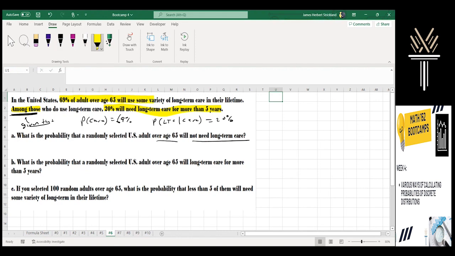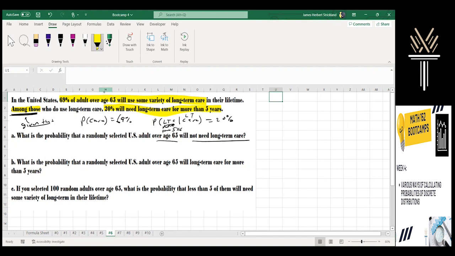And 69% need long-term care. So I should probably be more careful with my 20% in long-term care usage here. I mean long-term care for more than 5 years. So they need more than 5 years, given that they need long-term care in general. Just to be a little more precise. Statistics is all about being precise, right?